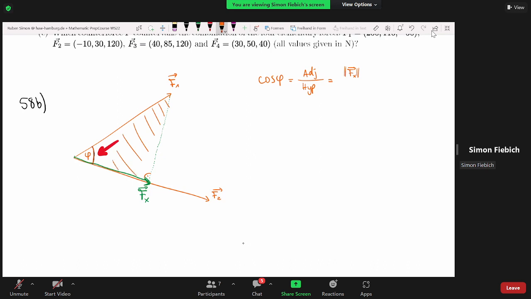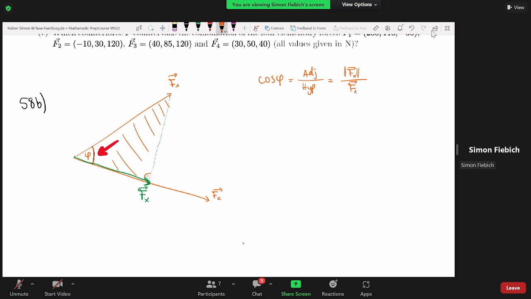In this case, the adjacent of this triangle is just the magnitude of Fx. You see that? So the length of this green arrow is the adjacent of the right triangle. And what about the hypotenuse of this triangle? F1. Yeah.